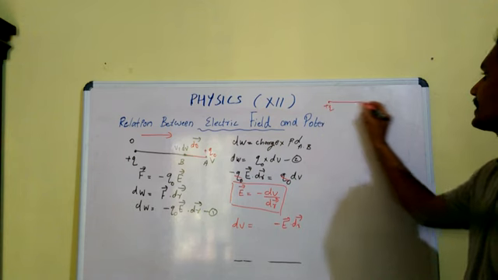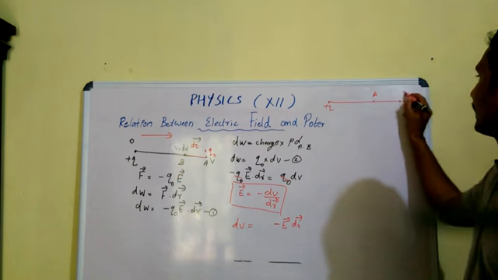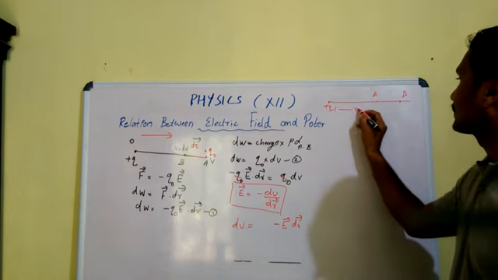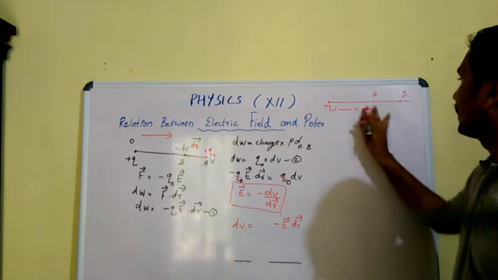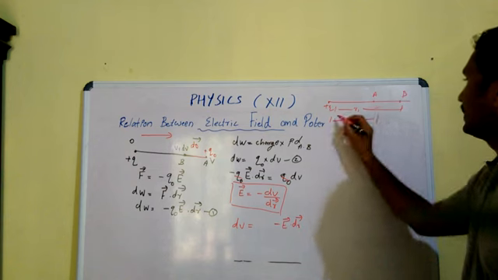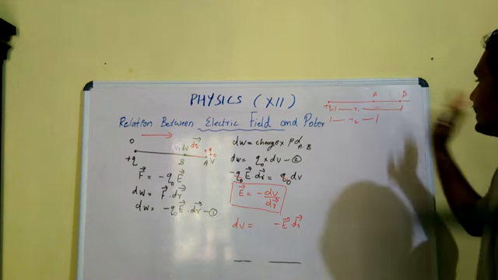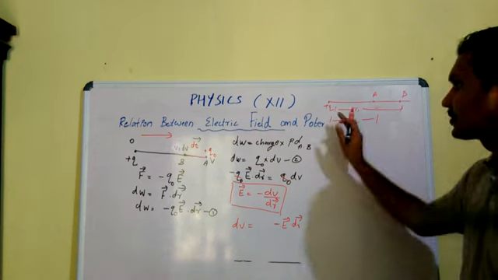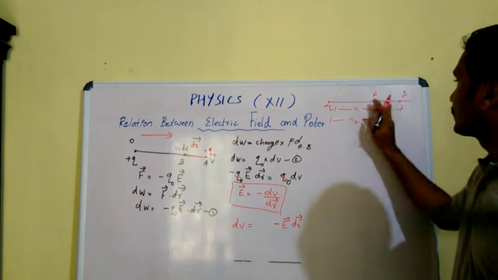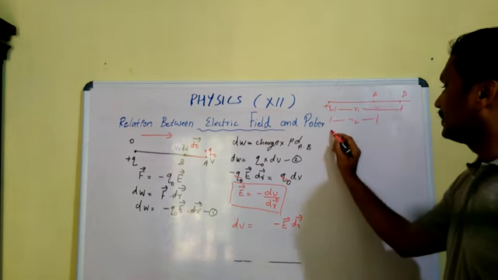A is at a distance r2 and B is at a distance r1 from the source charge. If you want to find the potential difference between A and B, we can integrate dV on both sides.